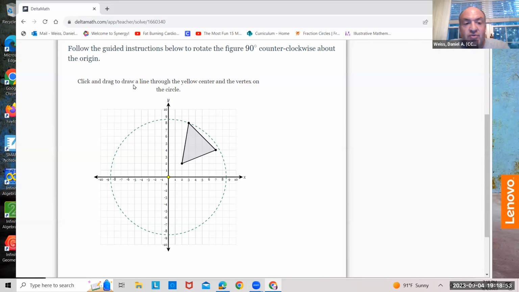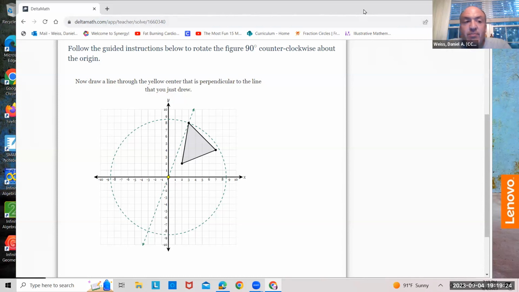So I'm going to click here and draw a line that goes through that vertex right there. Done. Now draw a line through the yellow center here that is perpendicular to the line you just drew.